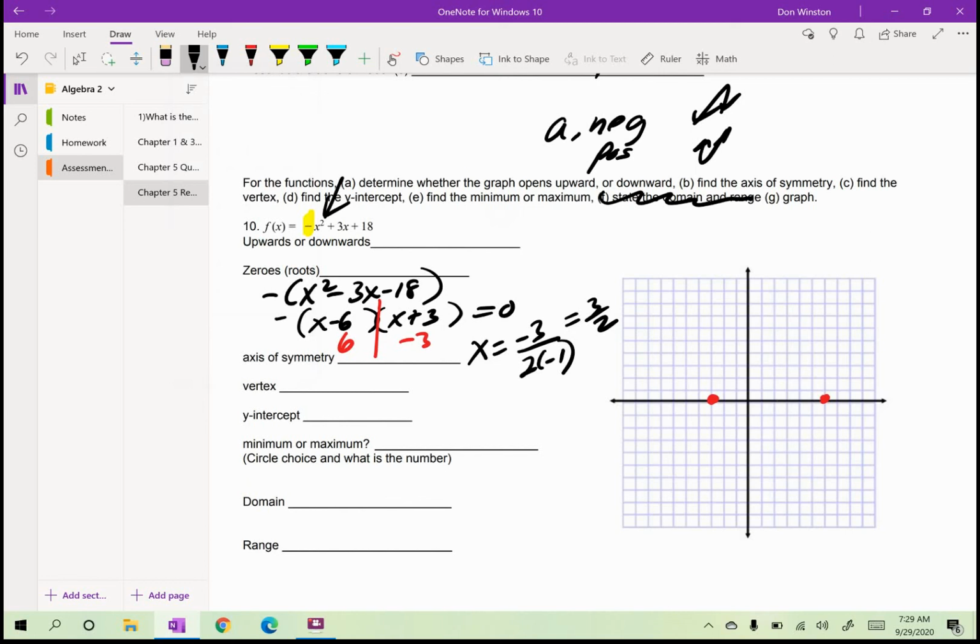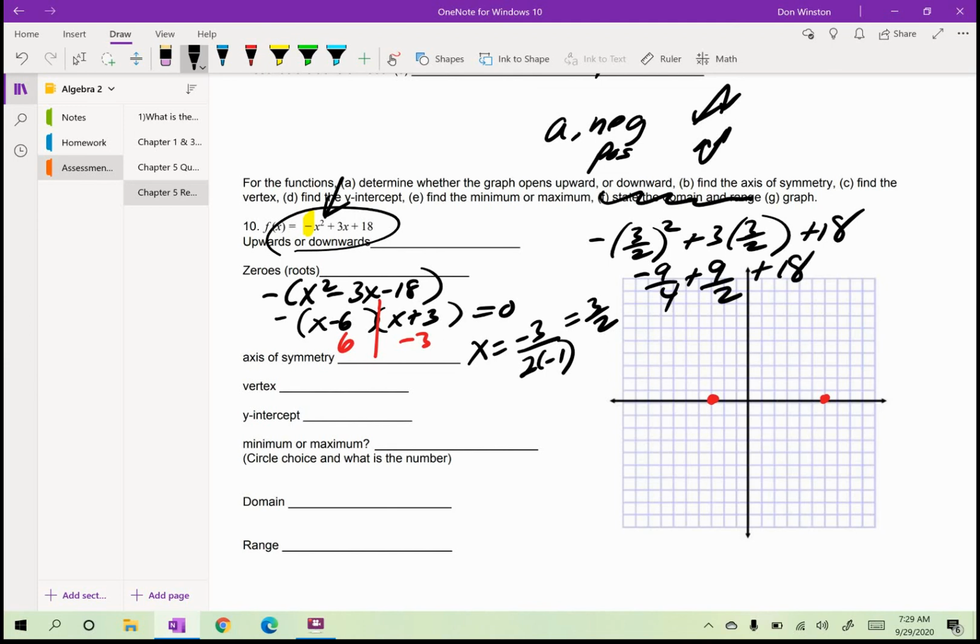Now I have to substitute that into that equation. So I have negative 3 halves squared plus 3 times 3 halves plus 18. So this would be negative 9/4, and then this would be 9 halves, because 3 times 3 halves is 9 halves, and then 18. So let's see here. I'll write everything with a denominator of 4.